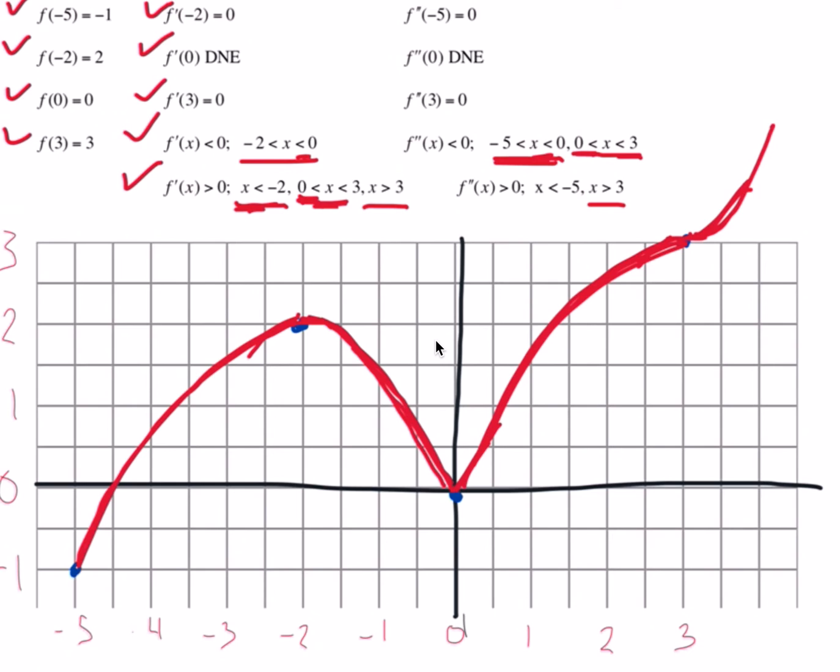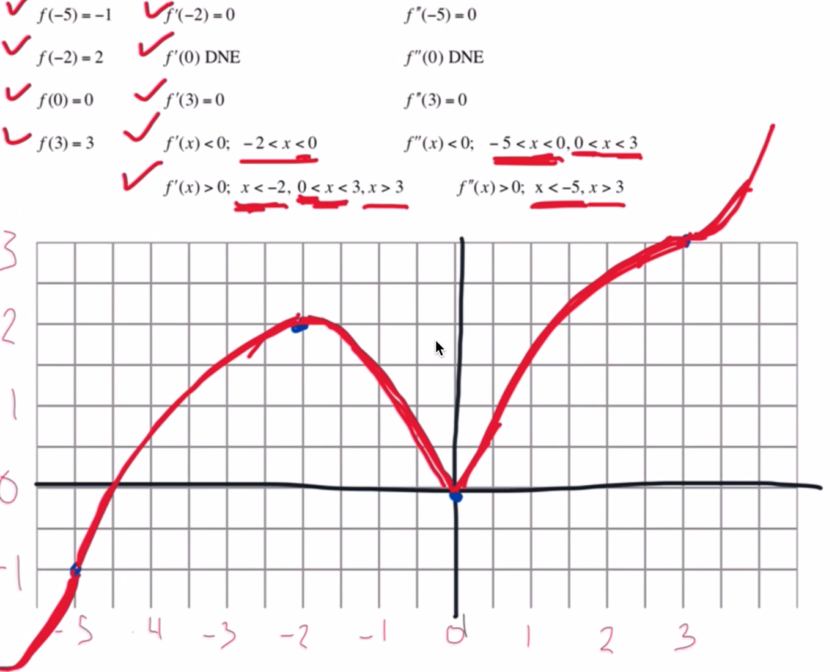Well, when x is less than -5, we have it concave up because our second derivative is positive. So we're going to look something like this, where we have a positive slope and we're concave up. All right, check that one off.